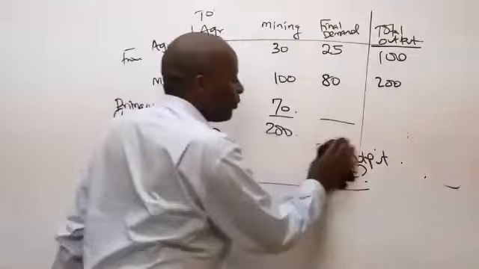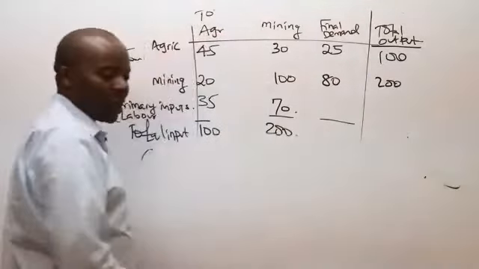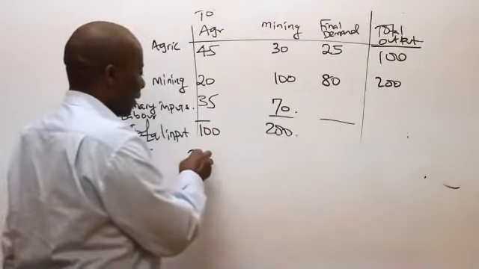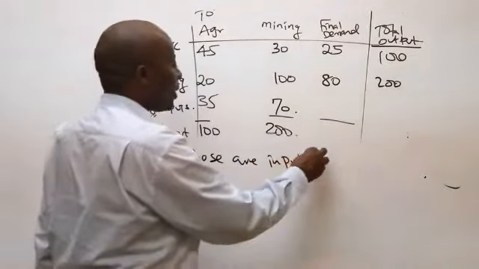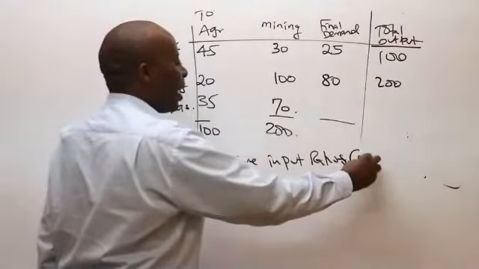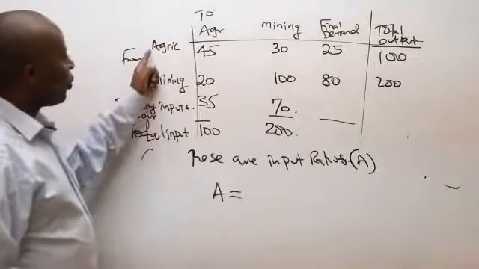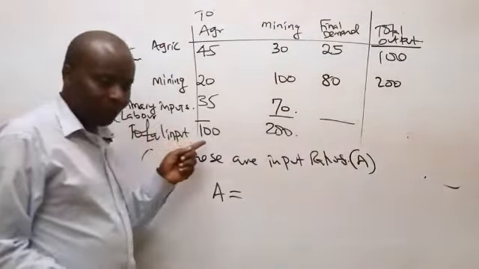Technical coefficients are basically the input ratios. We normally call them A. For us to get A, because you have two sectors, I only need to go to my columns.